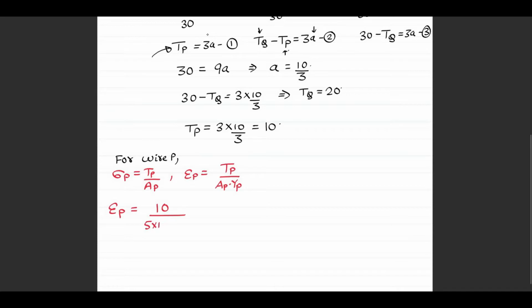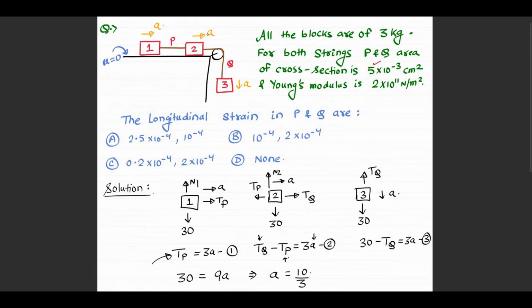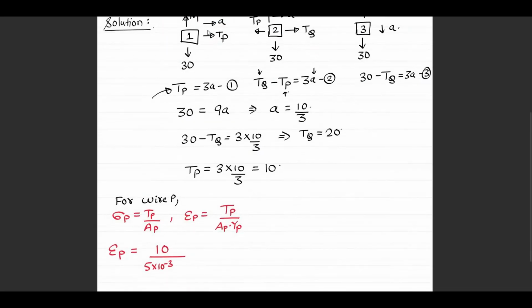The area is given in centimeter square, into Young's modulus. So this will be 10 to the power minus 4.